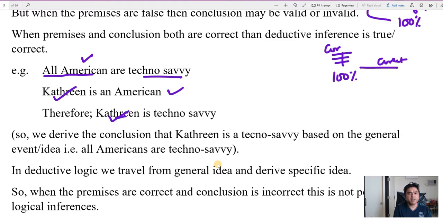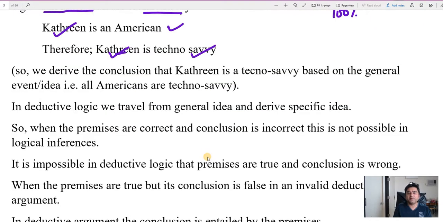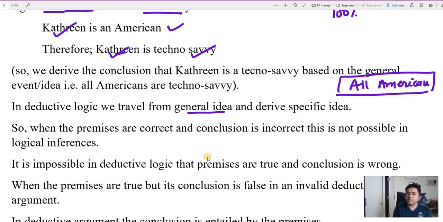We derive the conclusion that Catherine is techno savvy based on the general idea that all Americans are techno savvy. In deductive logic, we travel from a general idea, and general idea means all Americans, and from that we come out with the specific idea. Now from that we are building the conclusion about Catherine.